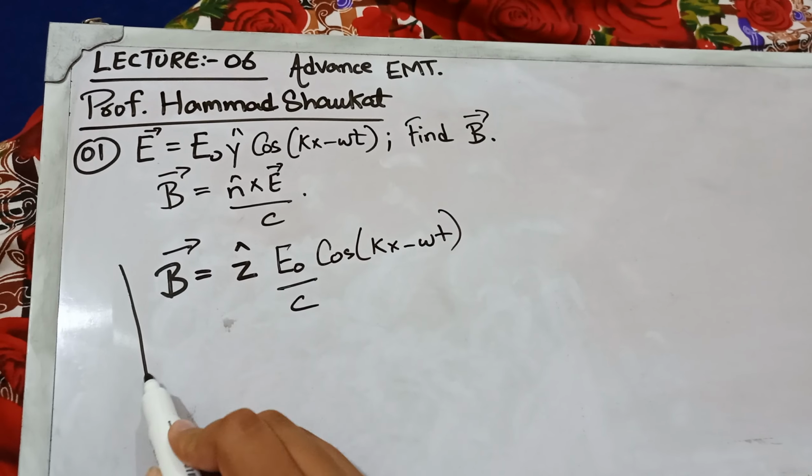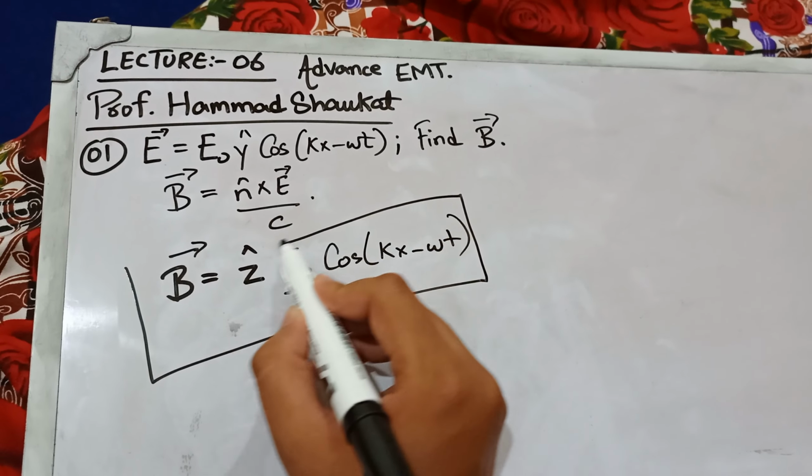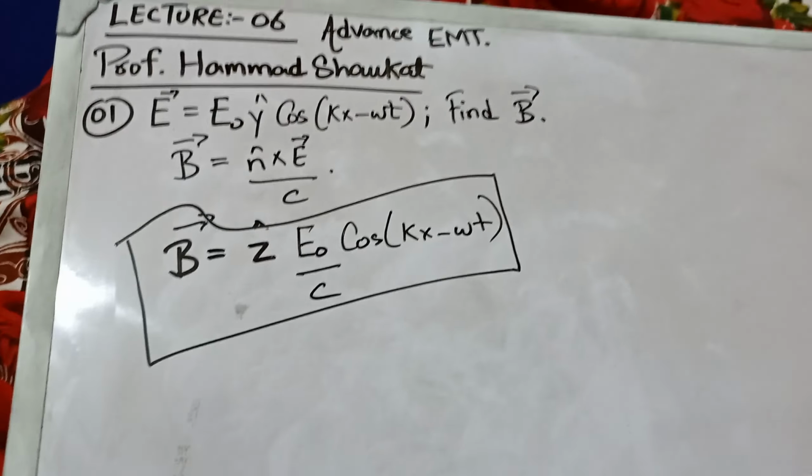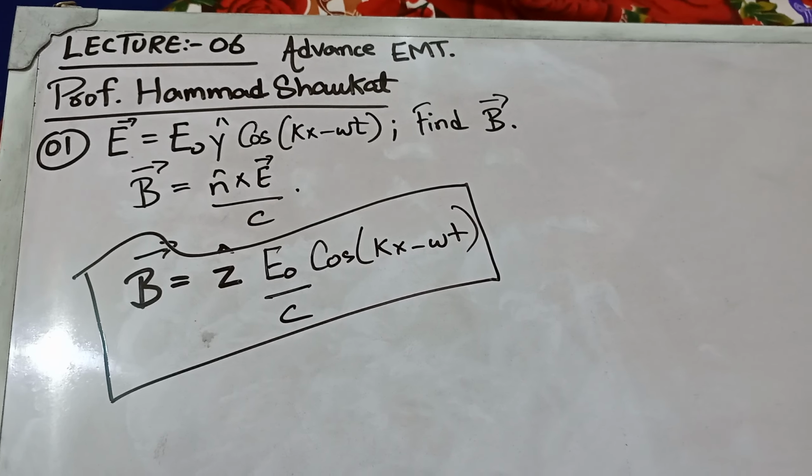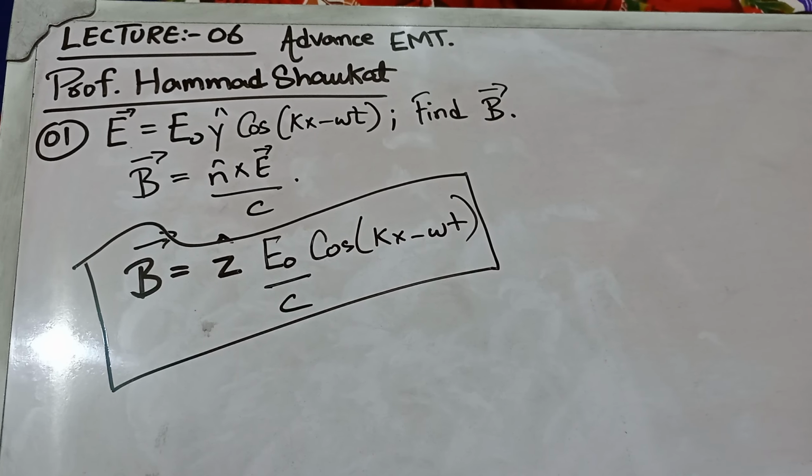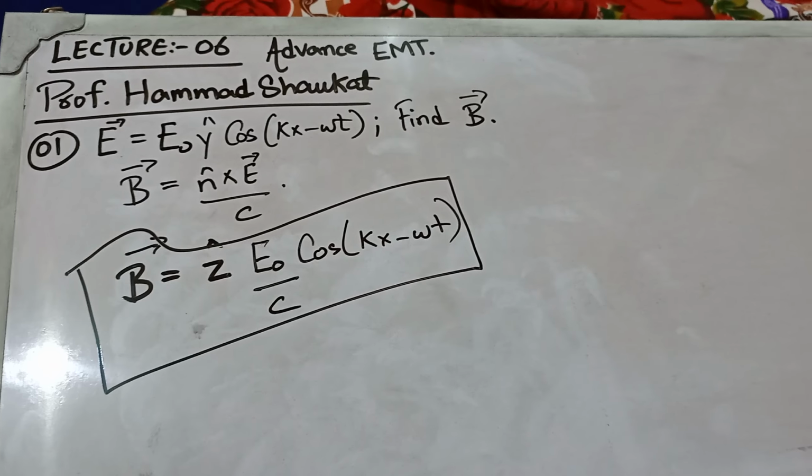So this is the equation of the magnetic field. This is how you can find the magnetic field when the electric field equation is given.